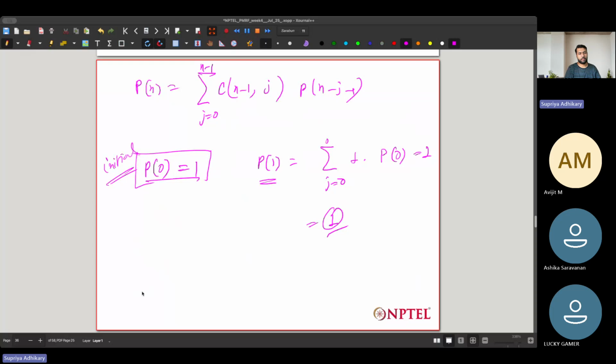And we consider that for any n less than or equal to k, P of n is true, or rather we can say that P of n satisfies the relation.